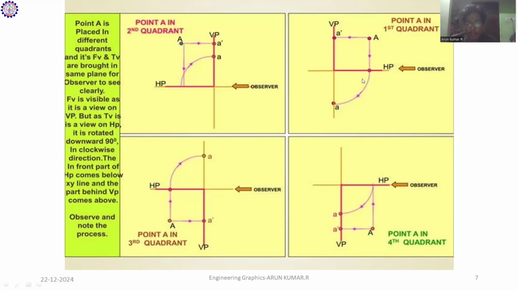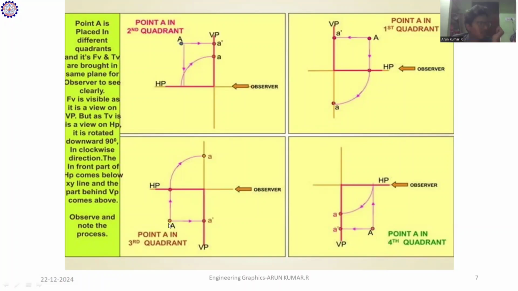So in the last lecture we saw that point A is located in the first quadrant. Similarly, we locate the point B. Point A is located in the second quadrant when the observer is looking at the back side of the vertical plane, giving the locations A dash and A. Similarly, in the third quadrant we locate the point A from the front and top view of the observer.